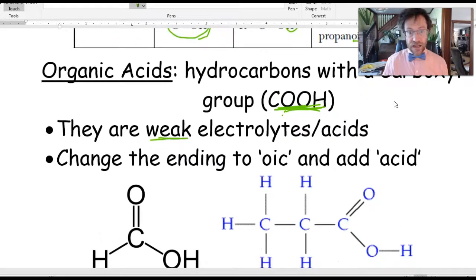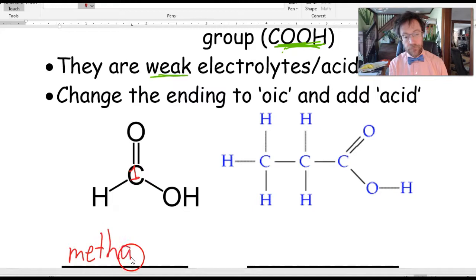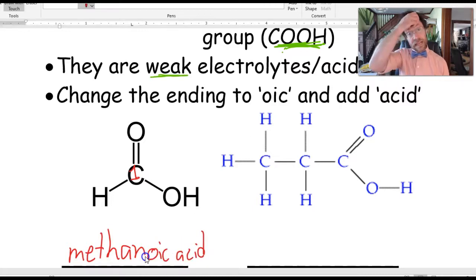These guys are simple, right? Oh yeah, change the ending to oic acid. So for this one, let's do Viking red here, guys. Here we have 1 carbon, so that's methane. But instead of the E, we're going to put oic: methanoic acid. Yeah, see how that works, right? Not too hard.